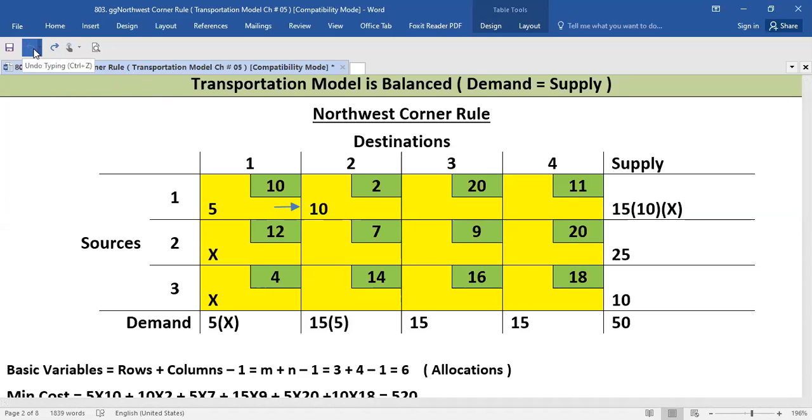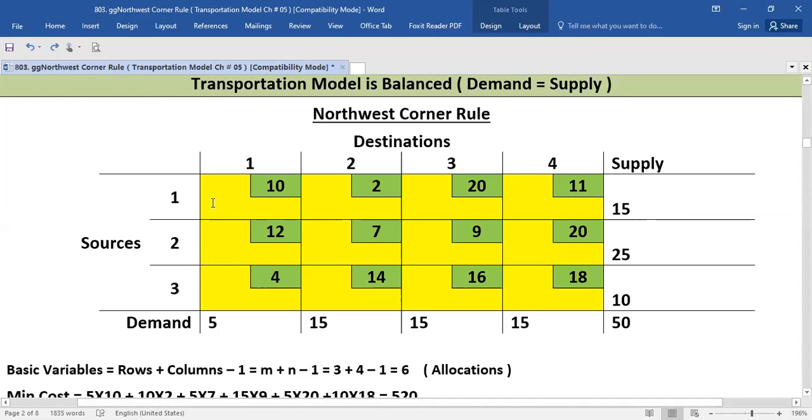Please, I must repeat this step for clear understanding. Yes, you will put 5 here. This is the minimum.